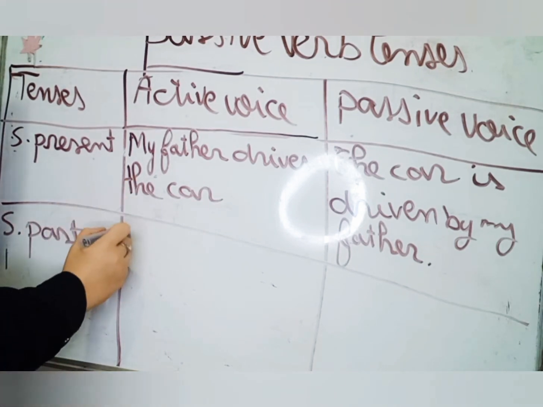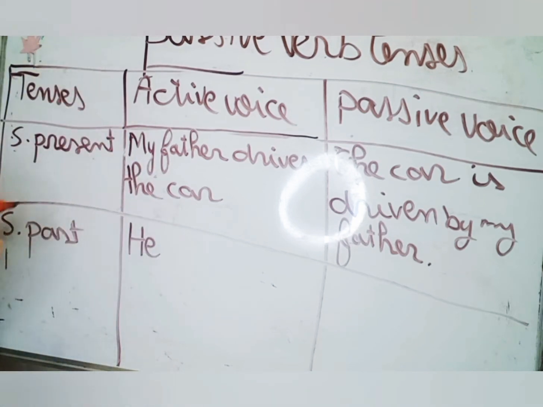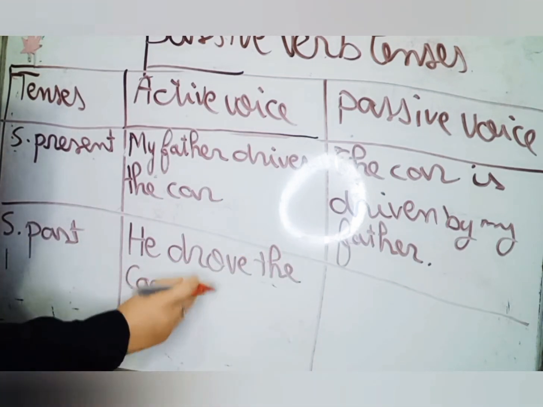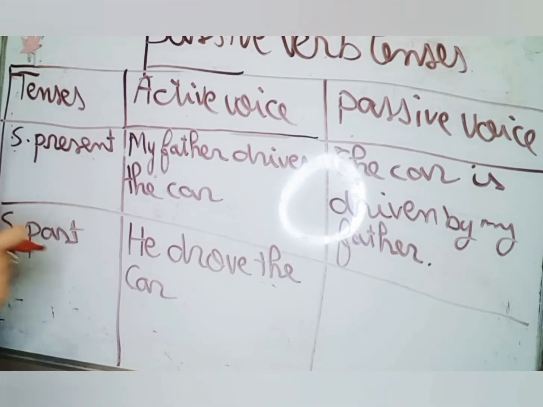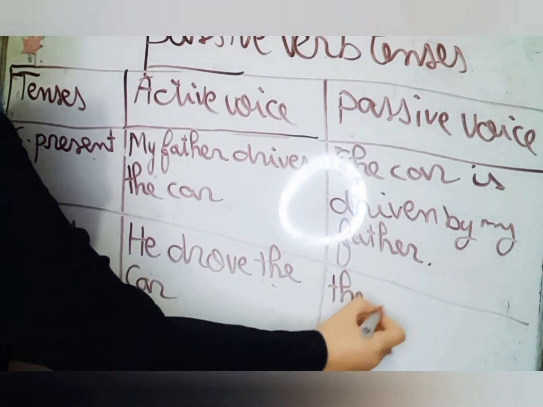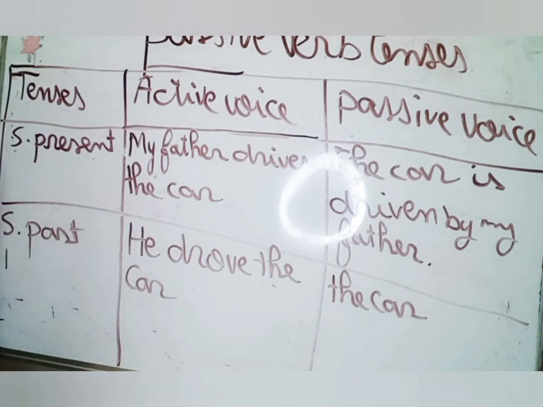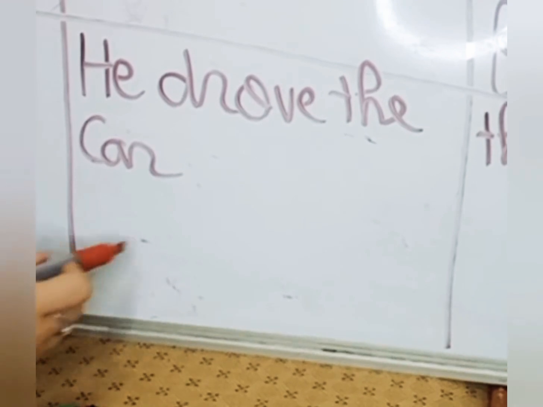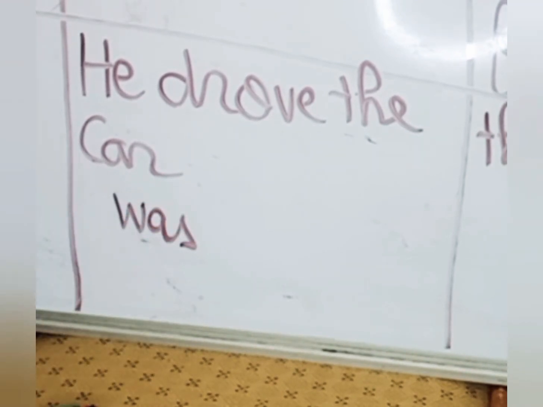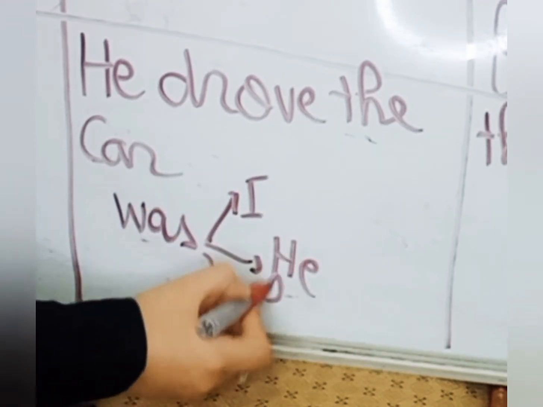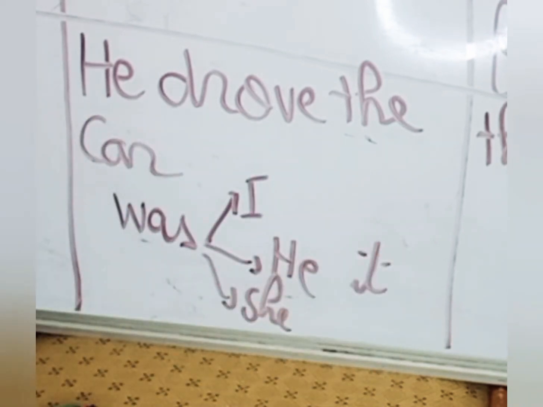We move to simple past. Simple past, the same: my father or he. He drove the car. Drove, because it's an irregular verb. نحولوها كيف؟ The car. We bring what? Verb to be in simple past. Was, with I, he, she, it. ما ننساش it لغير العاقل.